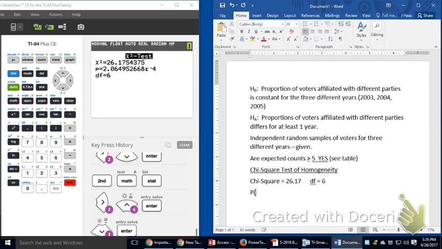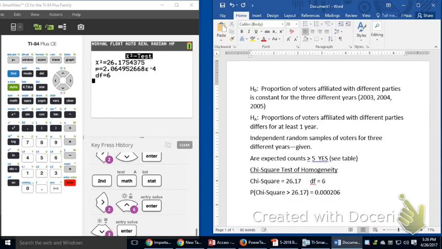And the probability that my chi-square value exceeds that is 0.000206. So that is a really small probability of having a chi-square value that exceeds that amount for this particular situation.